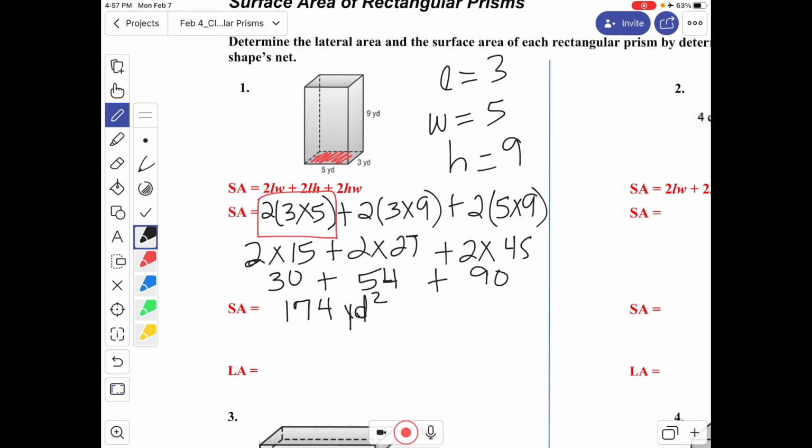If I'm going to leave off the bottom, then I'm leaving off this number. So take away 30 from 174. And that would leave you with, so the lateral surface area is 144 yards square.